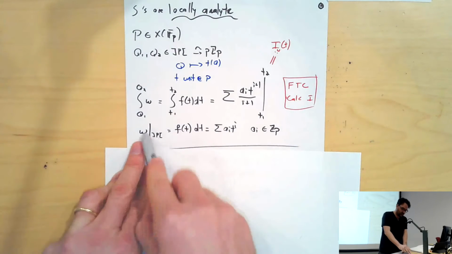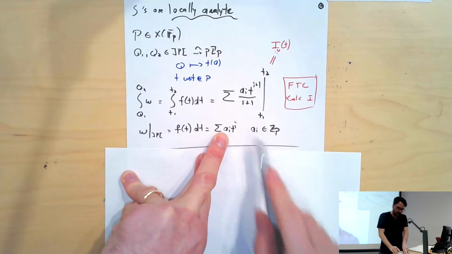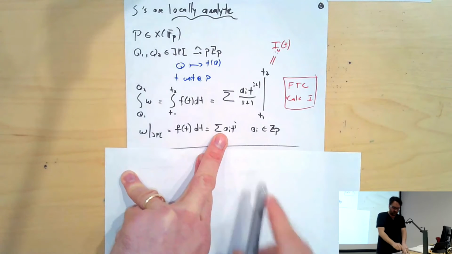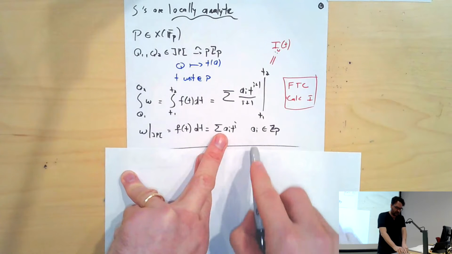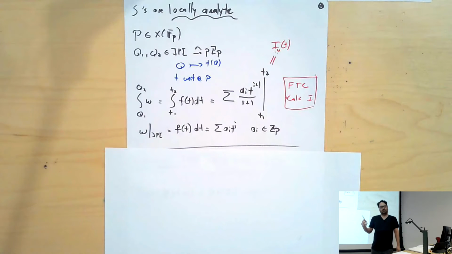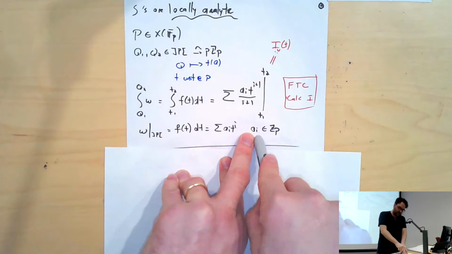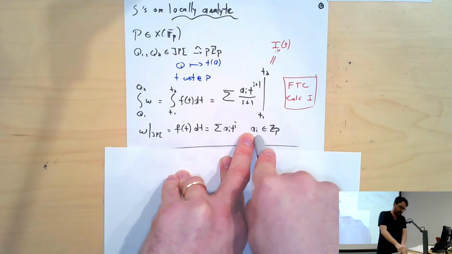So if you restrict omega to this disk, it has a power series expansion. Had a few questions after last talk about why the coefficients are in Z_p. I mean, the short, vague answer is essentially that you're doing everything integrally over Spec of Z_p, and you can kind of deduce it from that. But this is a really important fact when we start doing an analysis.